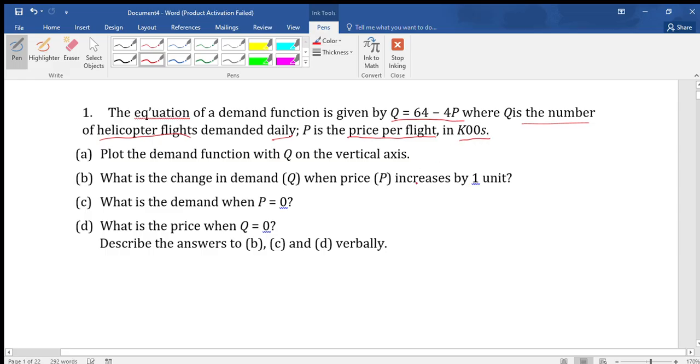So, in hundreds of kwachas. The question says, plot the demand function with Q on the vertical axis.